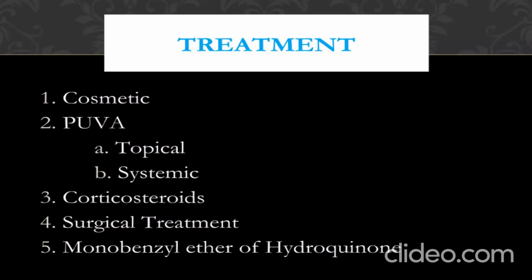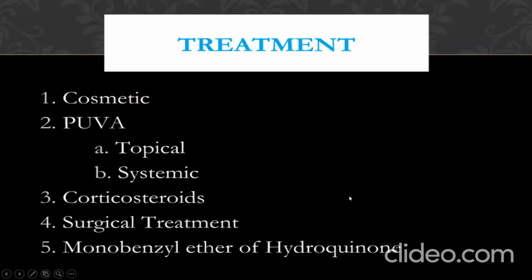Psoralen is a drug, so that drug plus ultraviolet irradiation. It includes topical and systemic treatment. Third one is corticosteroids. Fourth is surgical treatment. And last one is monobenzyl ether of hydroquinone.